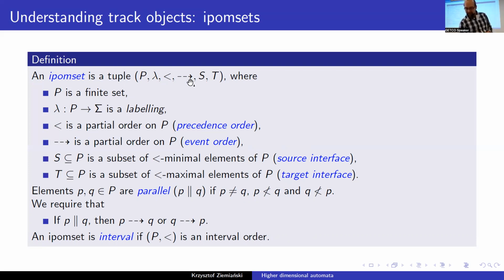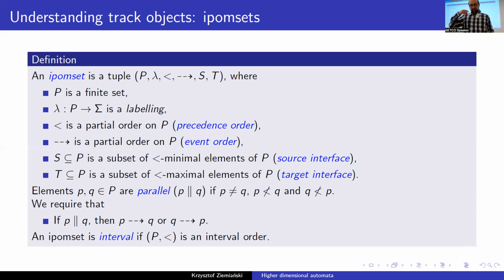There is some additional event order which has a kind of technical meaning. And there are so-called interfaces, S and T. So some minimal elements of P lie in the source interface. We think that these events are already running when you start our execution. And the same with target interfaces.